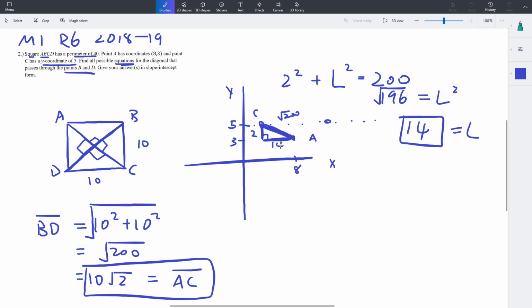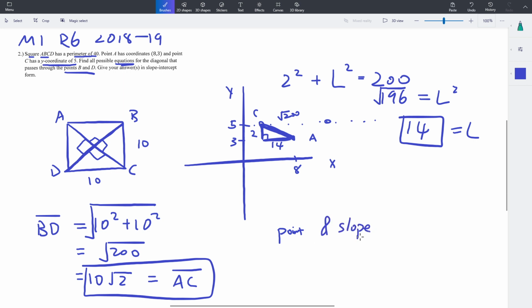We have 14 on the bottom there. Now, how does this really help us, though? How are we going to know the diagonal equation that passes through points B and D? Well, if you recall, we need 2 things for an equation: we need a point on the line, and we need the slope, right?